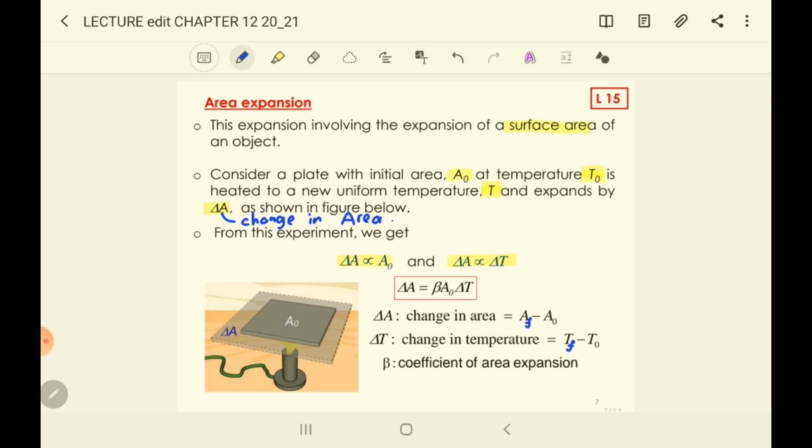We will use this equation, delta A equals beta A0 delta T, to calculate the change in area when there is an expansion of the area of the object. Let's move to the next part.